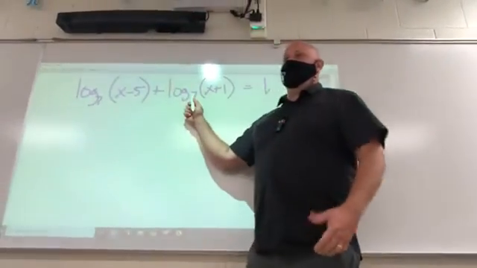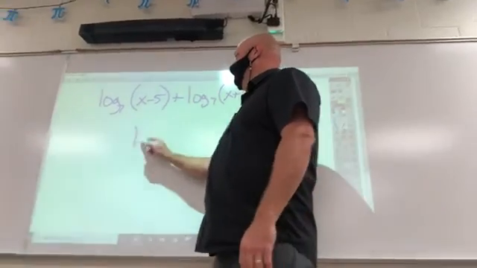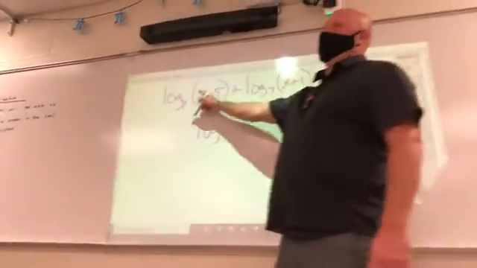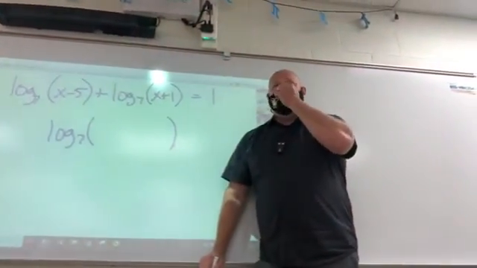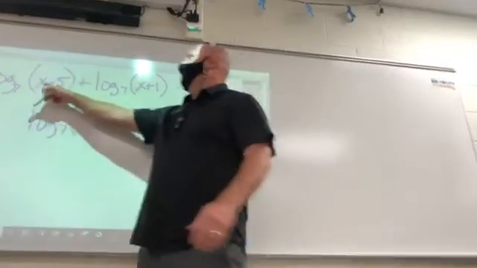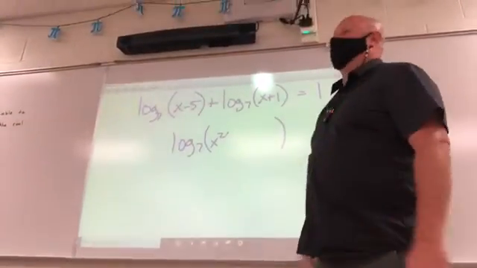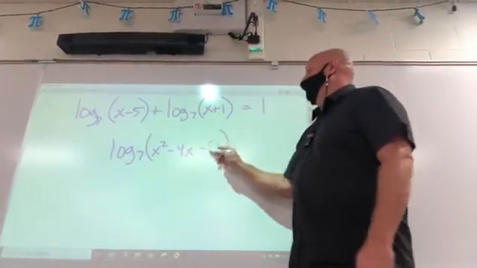Two logarithms, I should make them one logarithm, which would mean, what do I have to do with the x minus 5 and the x plus 1? I have to multiply. I have to FOIL, which would be x squared, negative 5x, a positive 1x would make negative 4x, negative 5, right?